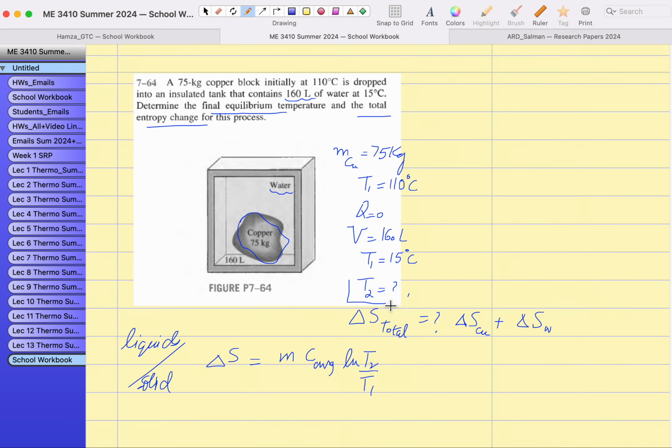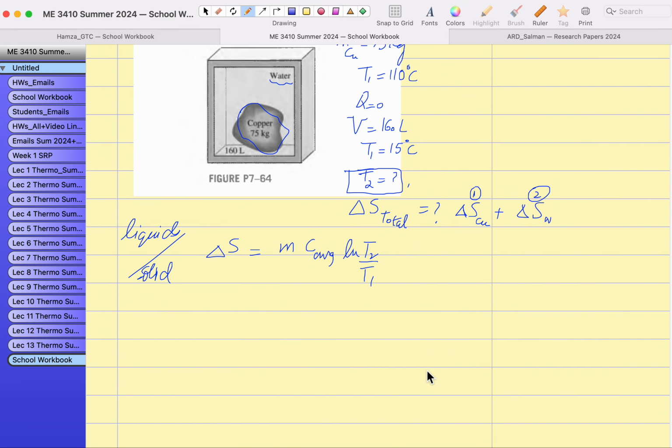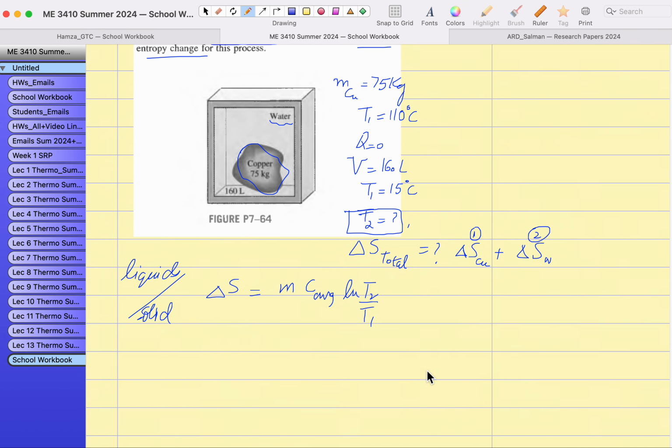So if we know the final temperature, we can find the entropy change for copper as well as for water. So how can we find the final temperature?